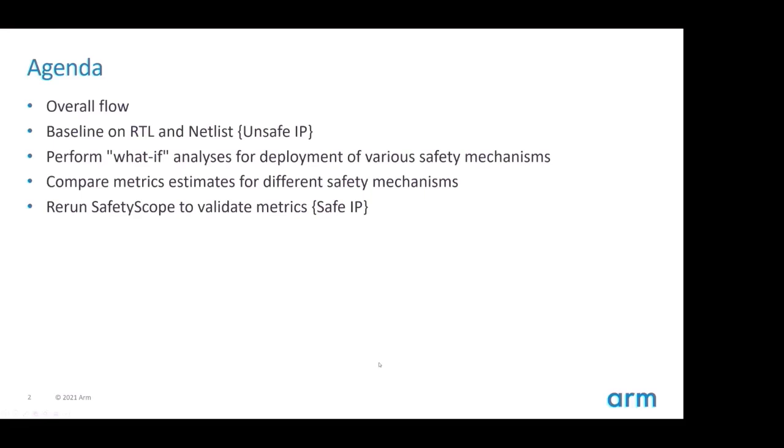Below is the agenda. We're going to talk about the overall flow of exploration and the following steps: a baseline RTL netlist, running the exploration based on the unsafe IP, and then doing the what-if analysis of deploying different safety mechanisms, comparing the metrics from these different explorations, and implementing the one that meets our safety goal or ACL target.